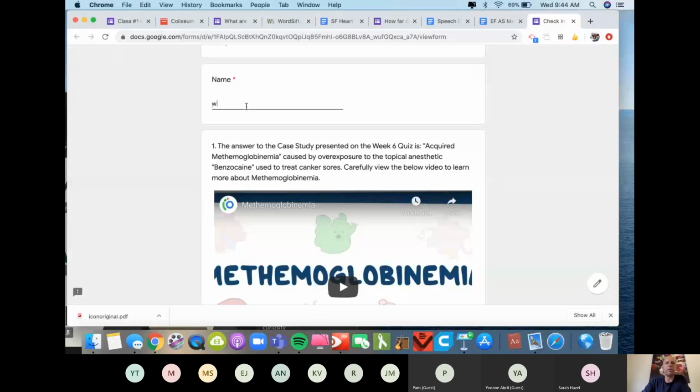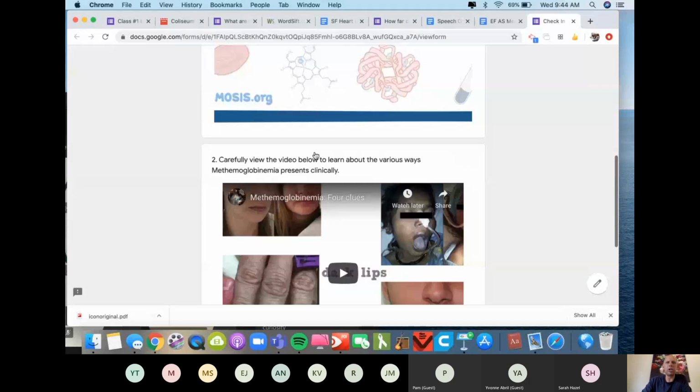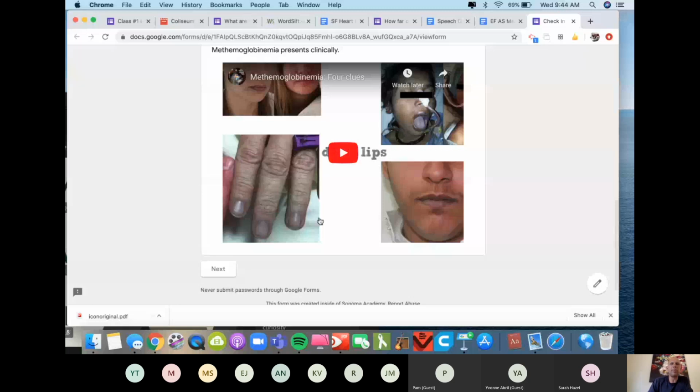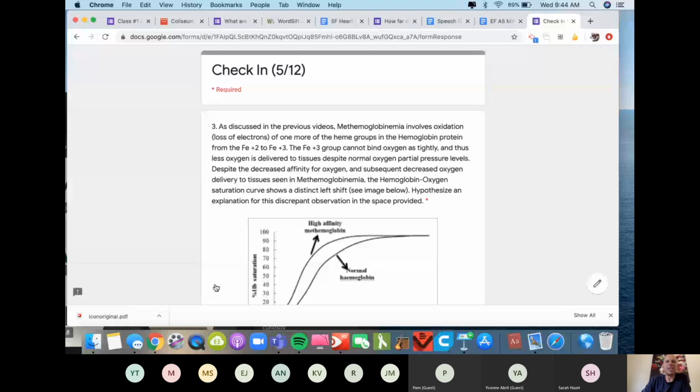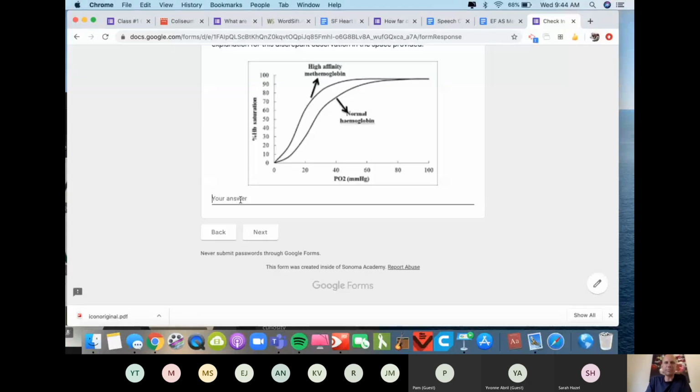What I'm doing here is reviewing their last class and getting them to look at methemoglobinemia, which is a blood disorder we were looking at related to hemoglobin. Then I'm getting them to investigate some stuff about hemoglobin here. A lot of this is review from the previous class.